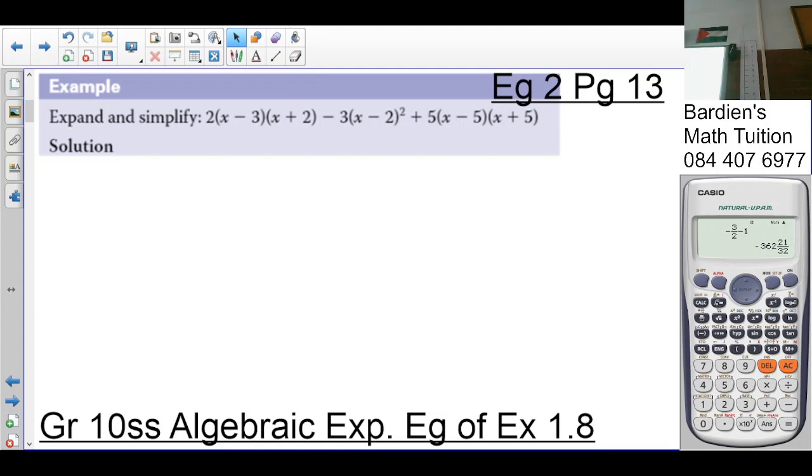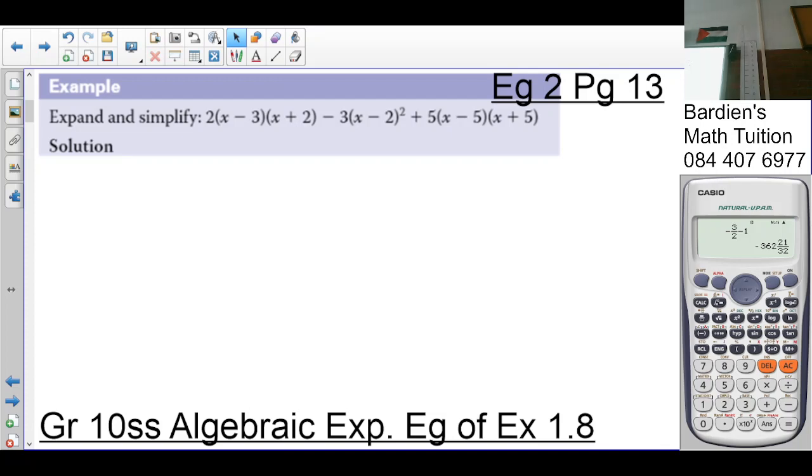So before I can collect or add like terms, what do I have to do? Simplify the terms. Get rid of the brackets. Which is simplify or expand. That means your final solution should contain no brackets. When it says factorize, your last answer must only be one term or brackets. Okay?